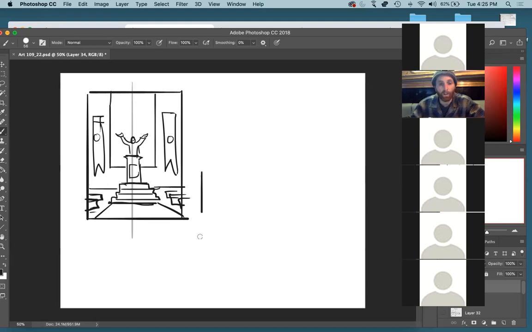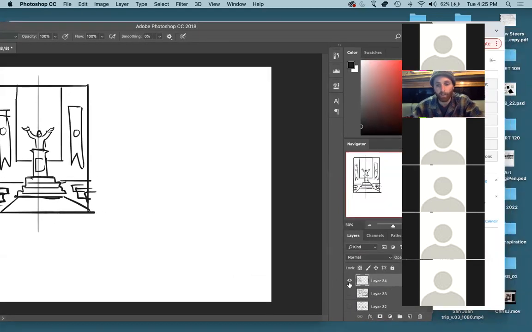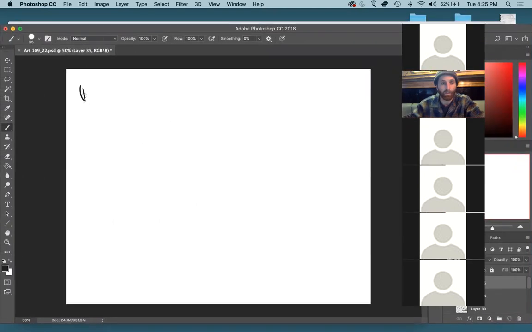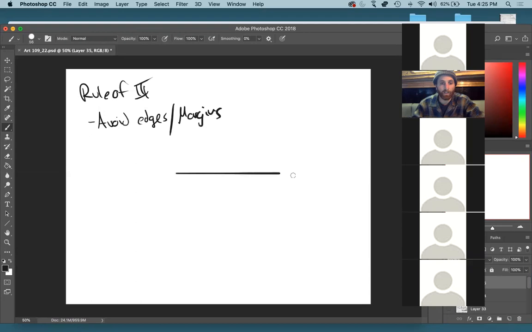Then a big one with the rule of thirds is what it really helps you with. Actually, let me just make a new page for this. Avoid the edges and the margins of your composition.